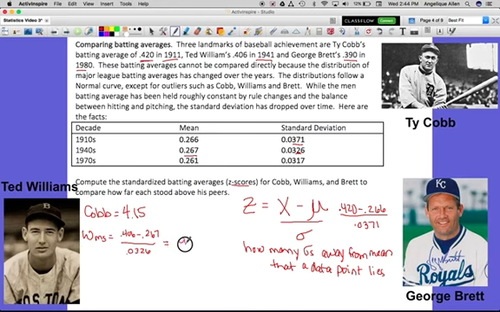That's 4.26, even farther from the mean, even higher. So technically Williams was a better batter than Cobb, even though Williams' average was a little bit less than Ty Cobb's. See, we're comparing them to the people they played against. They didn't play against each other, so that is a big piece of information there.